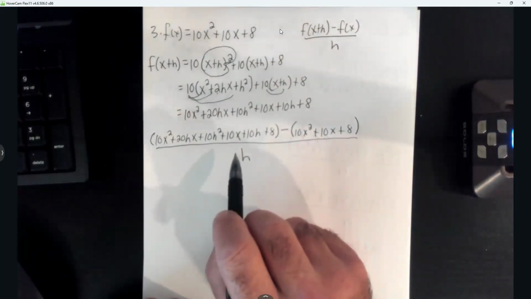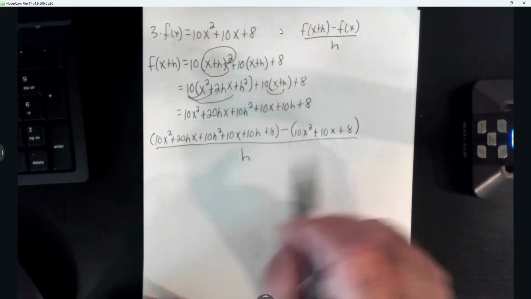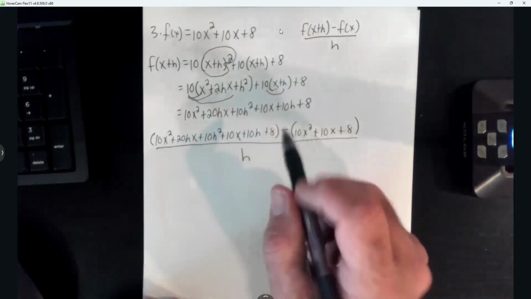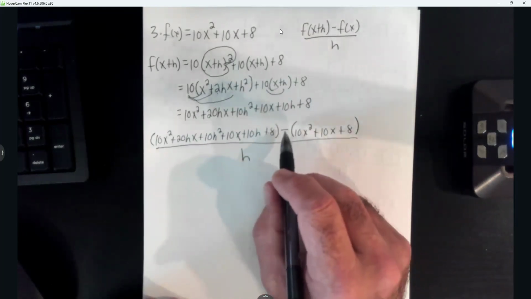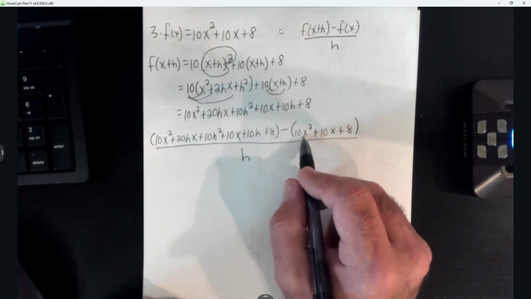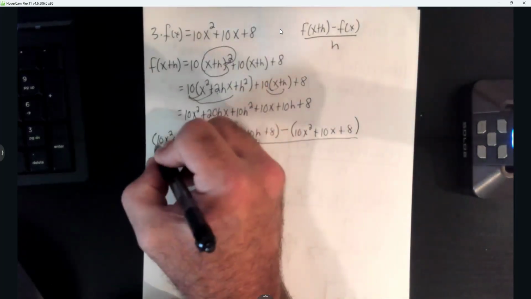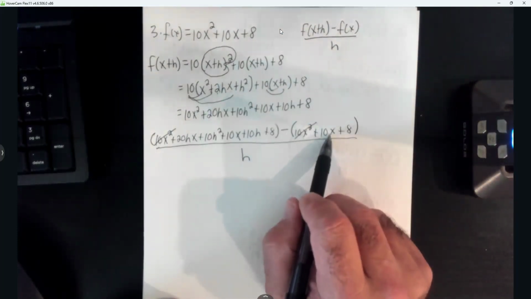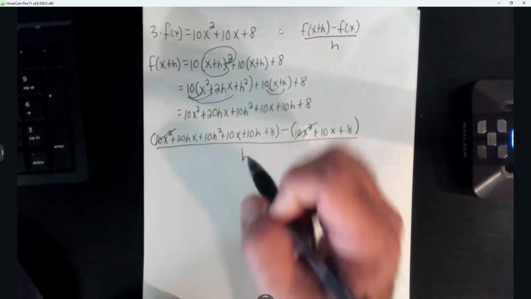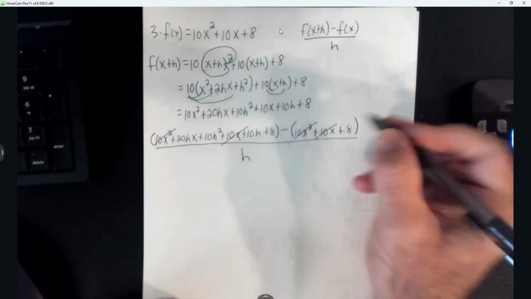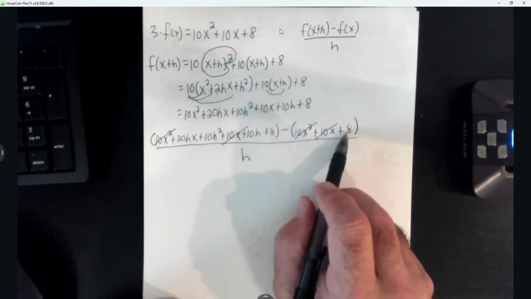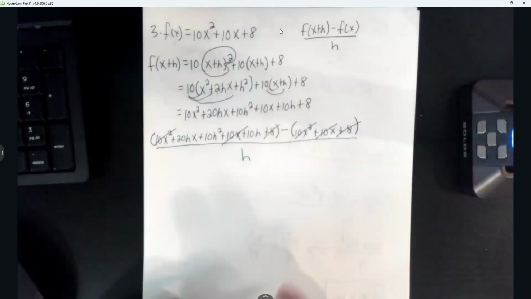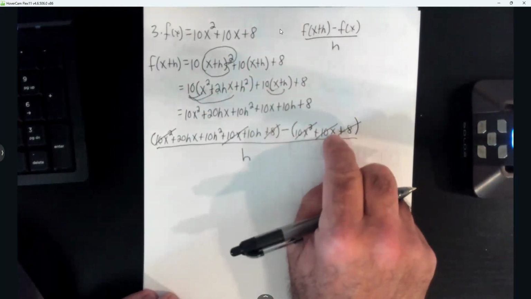Now, while ago I did all that distributing, I just wanted to show y'all that every time this was going to cancel with this. So let's just cancel it out right here. This is a negative 10x squared. It's canceling with that positive 10x squared. This is a negative 10x. It's going to cancel with the positive 10x. This is a negative 8. It's going to cancel with a positive 8. So see, everything here will always cancel.